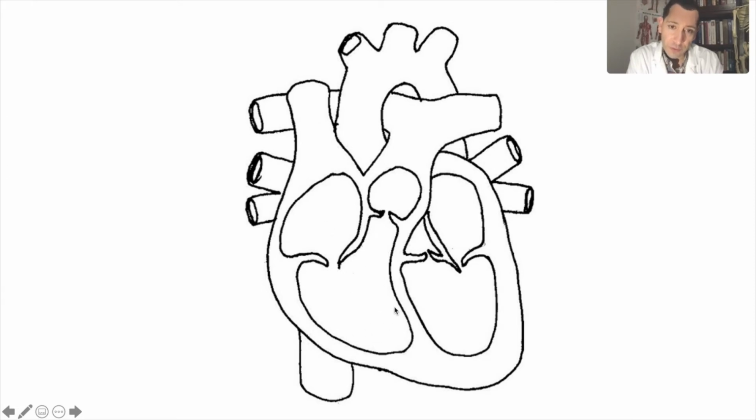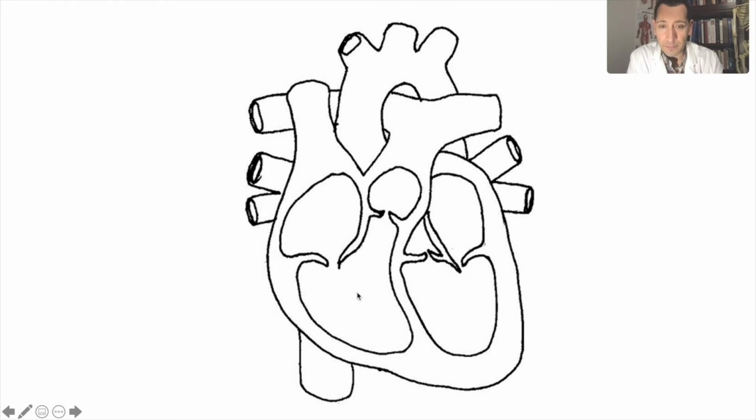When the ventricle contracts and squeezes, there's two ways it can exit. It could go the right way, forward through the semilunar valve here, but it could also go the wrong way, this direction, which is backwards, back into the atrium. And the same thing over here.